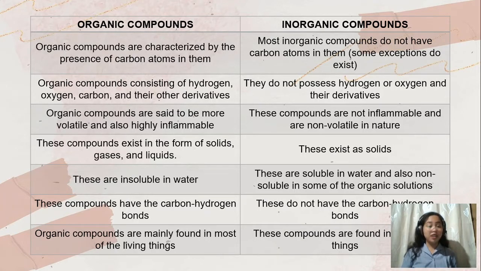As I mentioned earlier, organic compounds have carbon-hydrogen bonds, while inorganic compounds do not have C-H bonds. Then, organic compounds are mainly found in living things, while inorganic are found in non-living things.